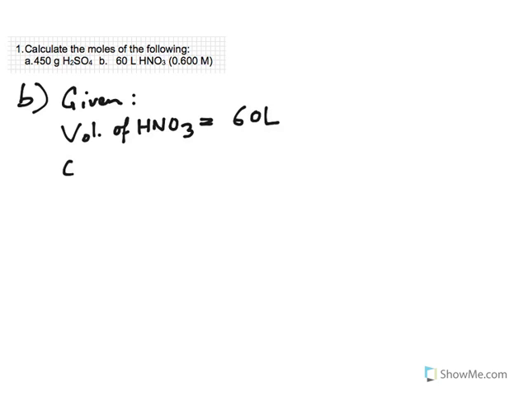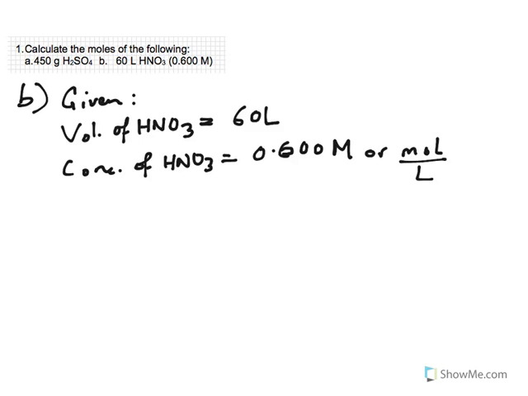We have concentration of nitric acid as 0.6 molar. Molar is also the same as moles per liter.